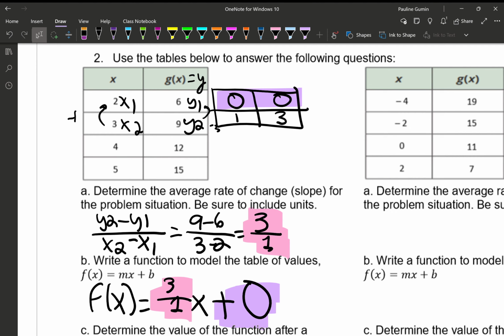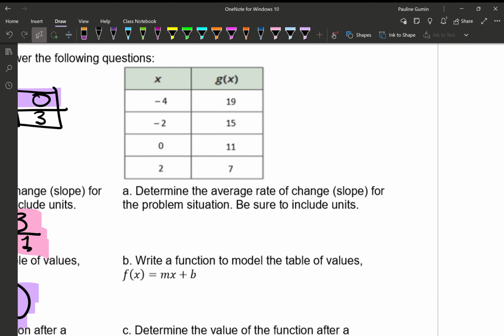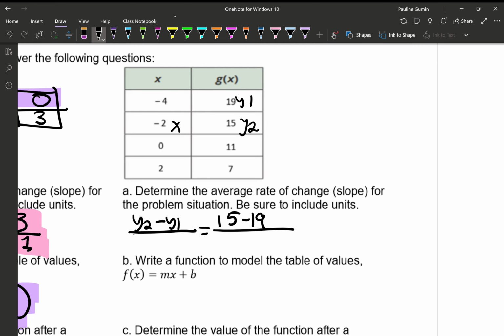All right, let's take a look at this one. Letter A, determine the average rate of change. Let's do that. We're going to do second y minus first y for the top, and second x minus first x for the bottom. So we're finding the pattern.